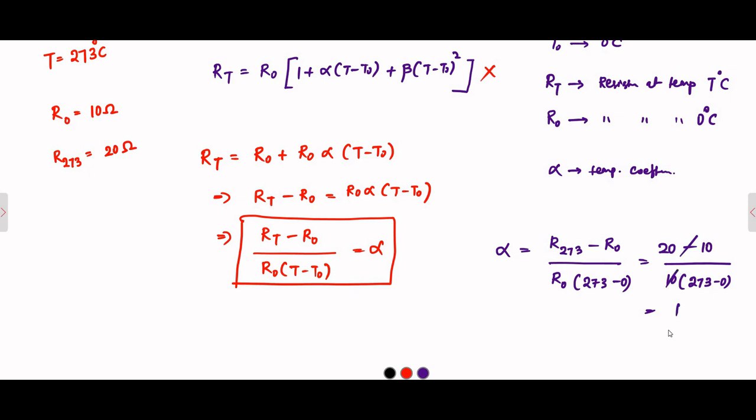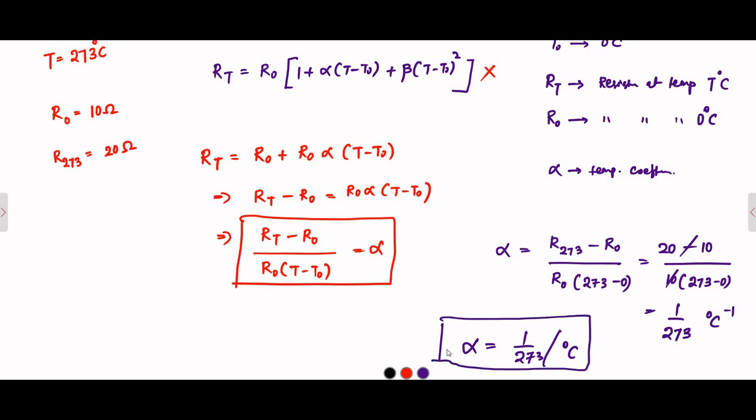So we have 1 by 273 per degree Celsius. This is the temperature coefficient of resistance for this platinum resistance thermometer. Okay, so this is the thing.